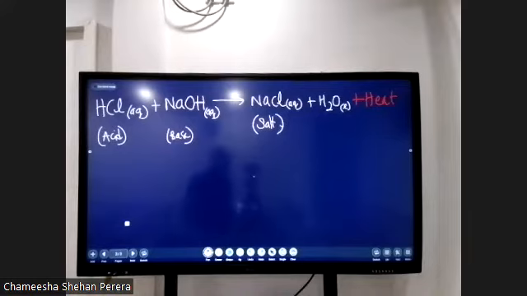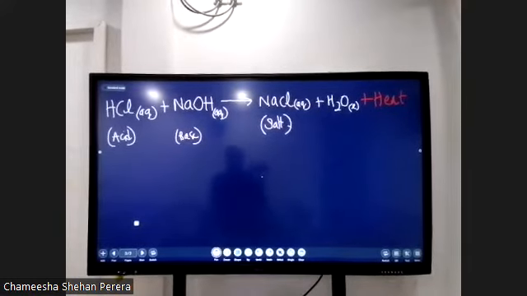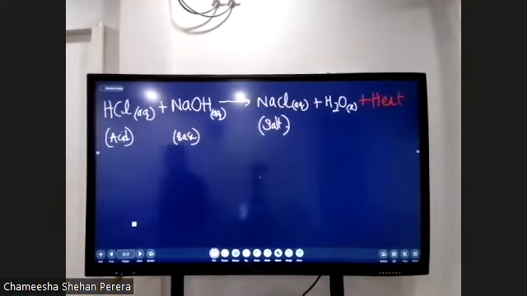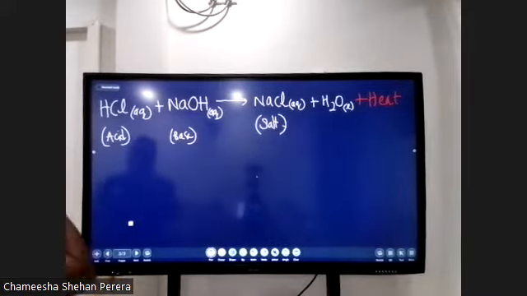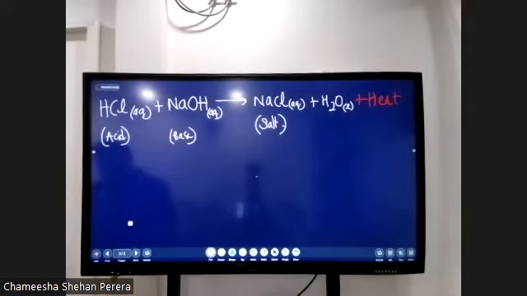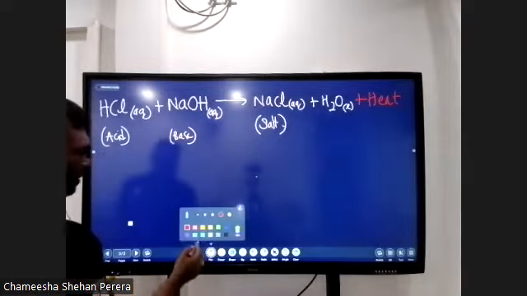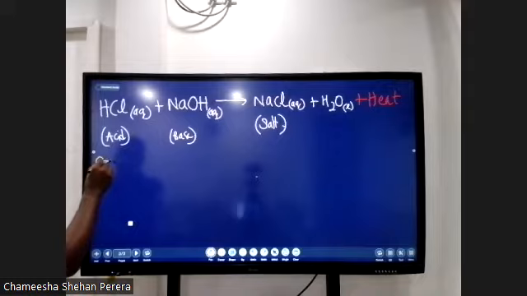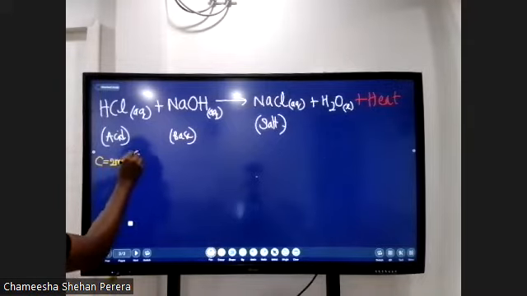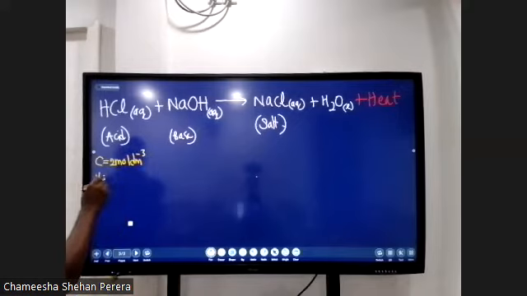Write like this. You can write this also in the same reaction. We use HCl with a concentration of 2 moles per decimeter cube, a volume of 50 centimeter cubes.